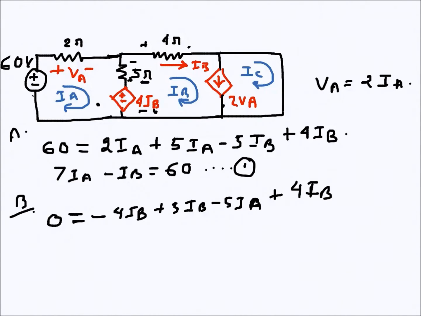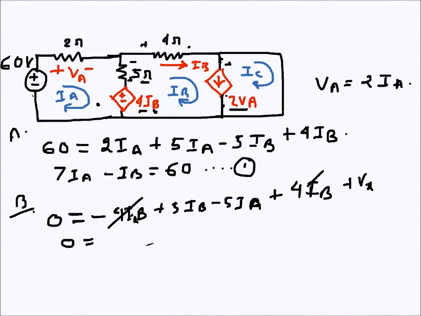And this one, we don't know the voltage. What is the voltage across this one? This is a current source, so we can assume a voltage, Vx. So we are just writing Vx. Now, this one and this one get cancelled.